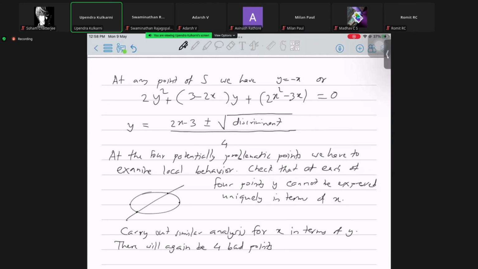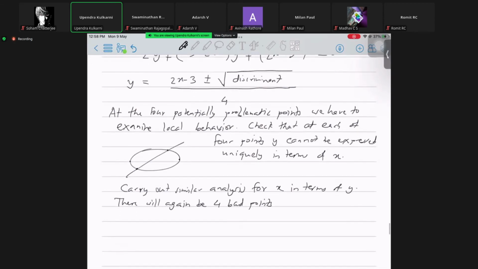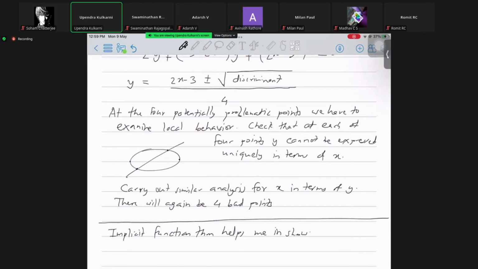But sorry to change this a bit, I do want to say this. The implicit function theorem helps in showing level sets of functions are manifolds.